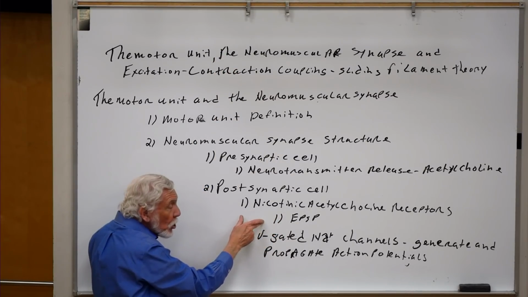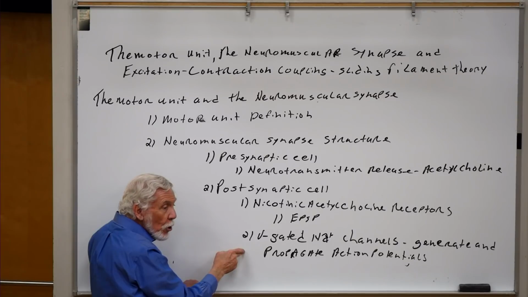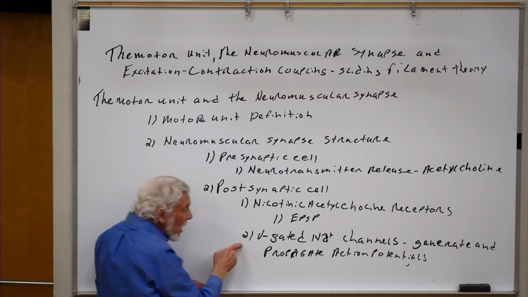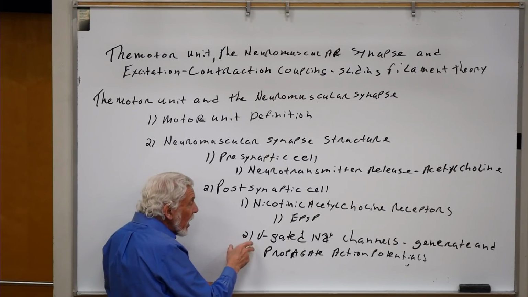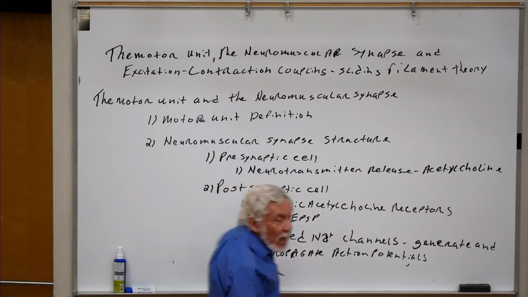Once the EPSP is generated, that will open voltage-gated sodium channels, and the action potential now will propagate along the muscle fiber and down into a region called the T-tubules.